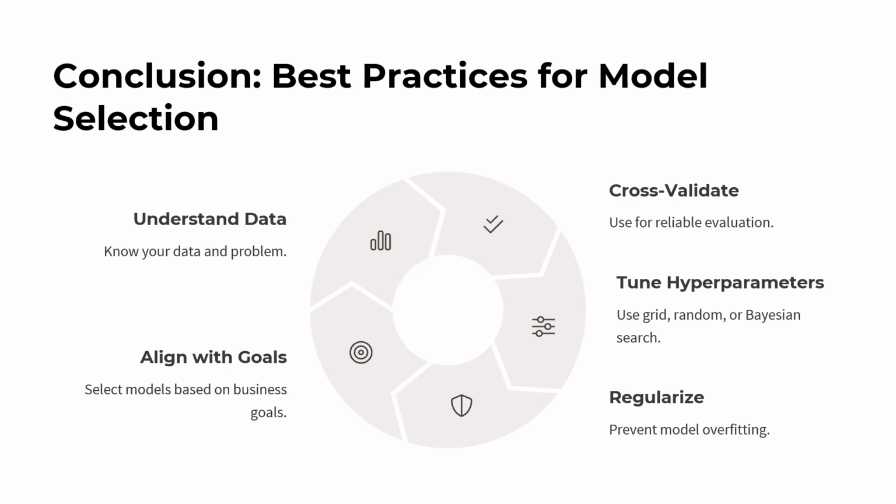Use techniques like grid search, random search, or Bayesian optimization to fine-tune these for better performance. Finally, regularize. Regularization helps to prevent overfitting, which occurs when a model learns the noise in training data. Techniques like L1 or L2 regularization make the model simpler and more generalizable.